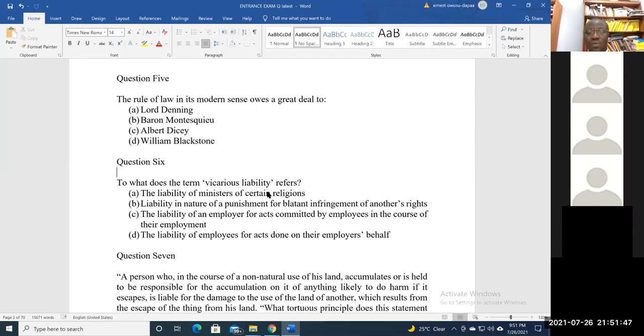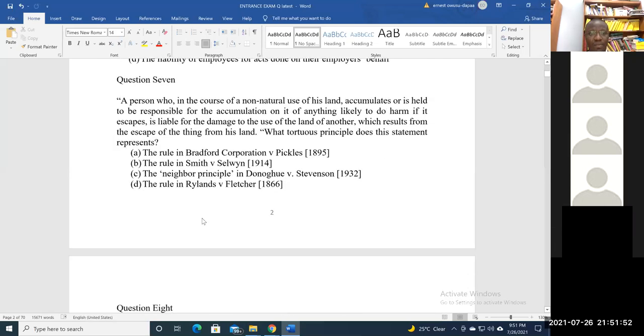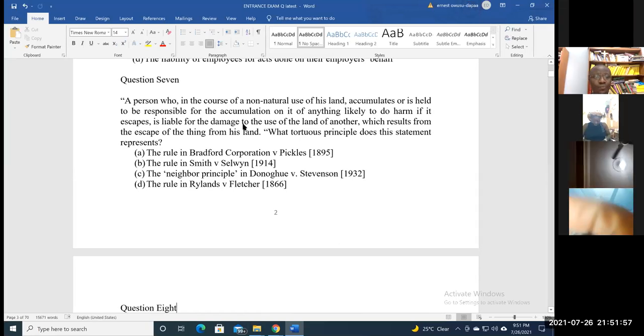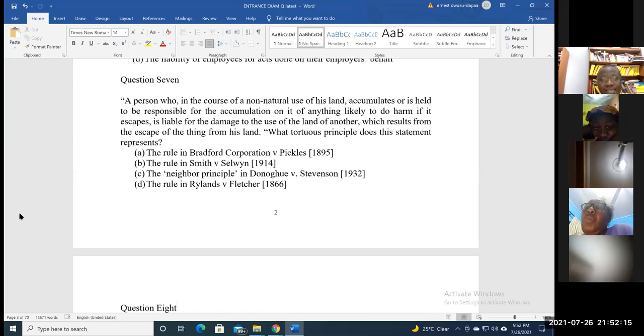No. So let's look at number 7. A person who, in the course of a non-natural use of land, accumulates or is held to be responsible for the accumulation on it of anything likely to do harm if it escapes, is liable for the damage to the use of the land of another, which results from the escape of the thing from his land.